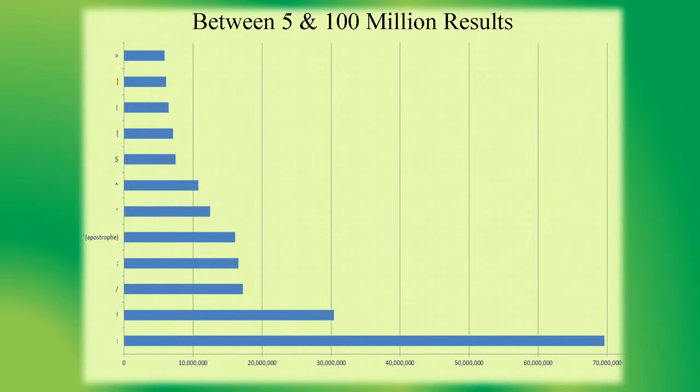The left square bracket returns more than 1 million more results than the right square bracket, with the vertical pipe ranking between them. Finally, the greater than symbol, which some people call the right angle bracket, is the last character to return more than 5 million results.